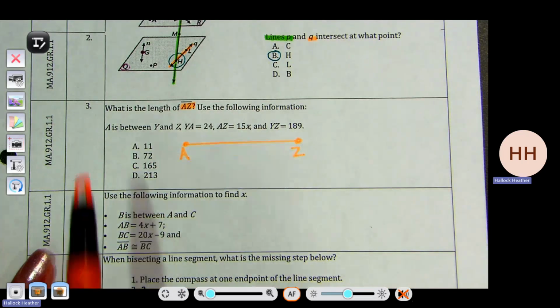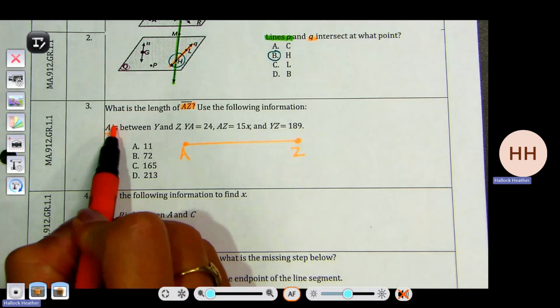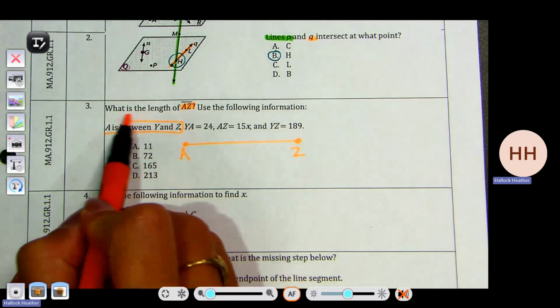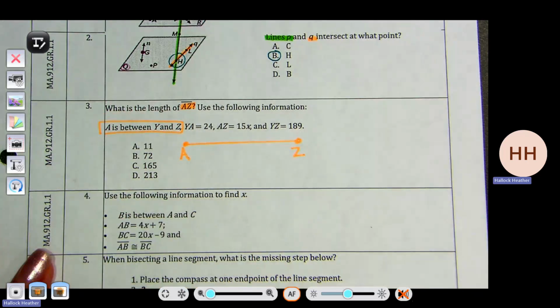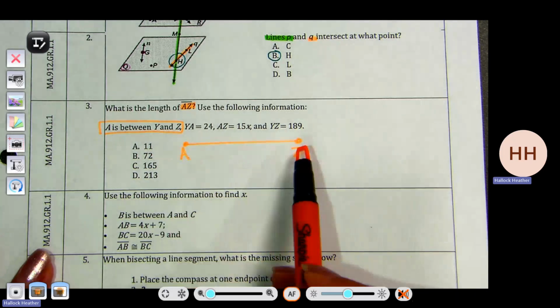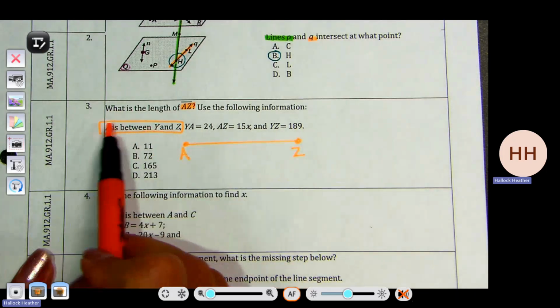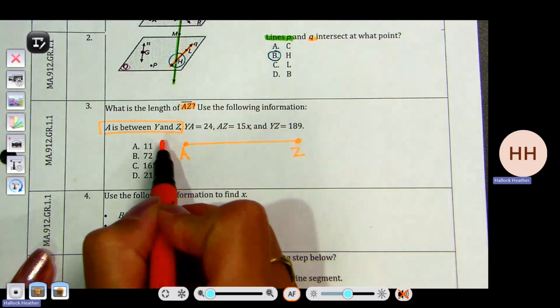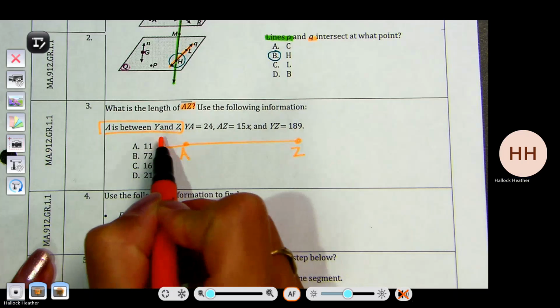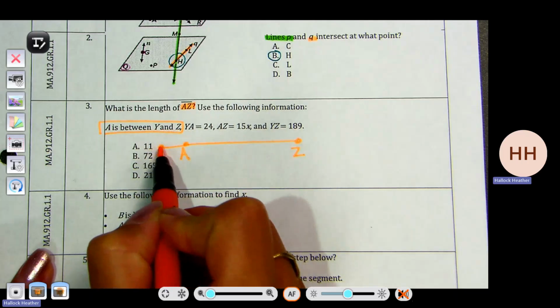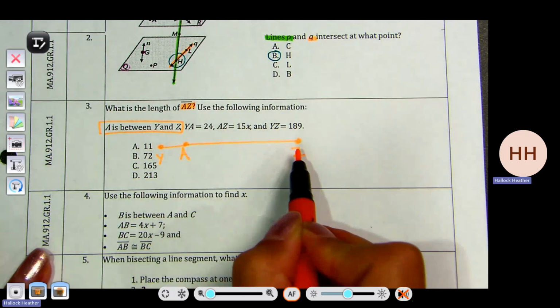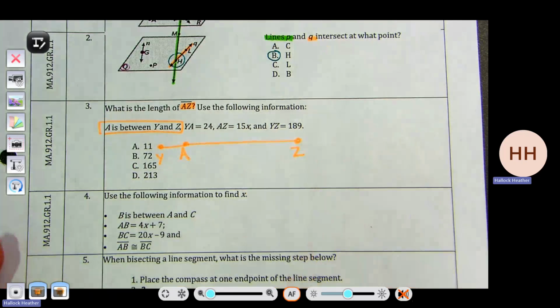And then it says, this is the key part, A is between Y and Z. This is a little strange because you have A, Z, and a lot of people want to put Y in the middle, but A is between Y and Z. So I'm going to extend this line a little bit. Y is actually over here. A has to be between Y and Z. Then I'm going to put my numbers on my picture.